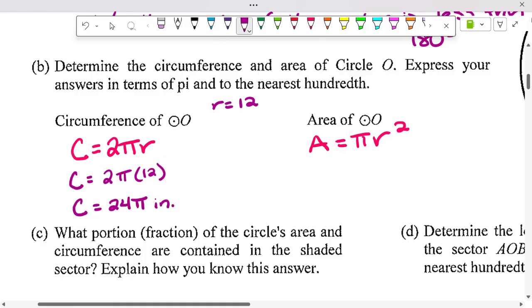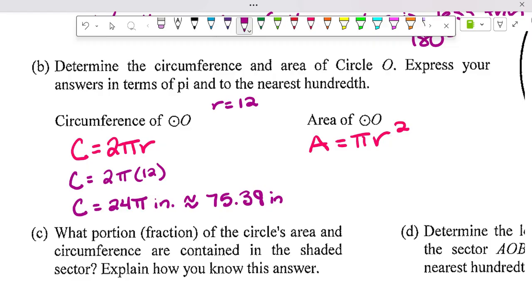All right, that's the exact. Now put that in your calculator and tell me what the approximate would be. Round to the nearest hundredth, so 2 decimal places. It's 75.39 inches if we round. So this is my circumference.